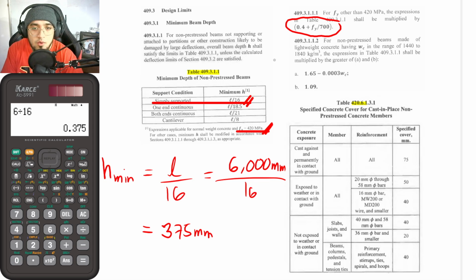That is only for the event that your fy is not 420. Suppose that your fy is 280, substitute it in this equation, then multiply it by your solved h. But once again, since our value is 420, we do not need to make use of this formula.